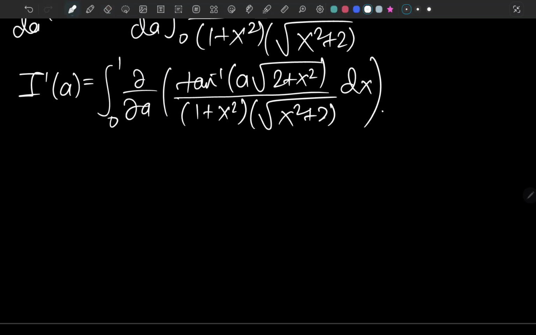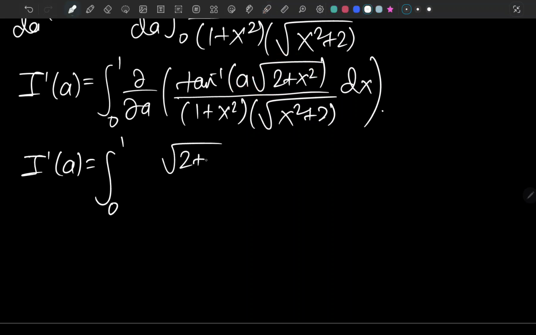If you take the derivative with respect to a here, you're going to have I prime of a equals integral from 0 to 1. Firstly, with the chain rule, the derivative of a is 1. So you're going to have square root of 2 plus x squared on the numerator, and with division you're going to have the derivative of arc tangent of a times square root of 2 plus x squared.